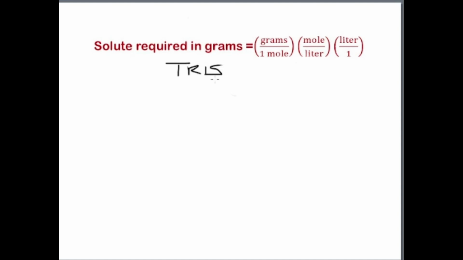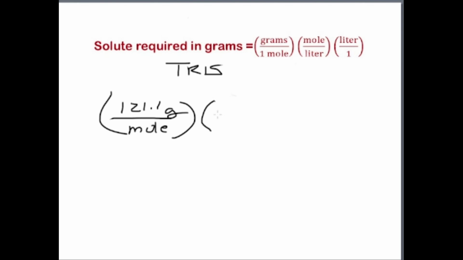First of all, we're going to go into our storage cabinet. We're going to find our Tris, and we're going to discover that its formula weight, how many grams are there in 1 mole, is 121.1, or sometimes we'll use 121.14, but let's use 121.1 grams per mole.